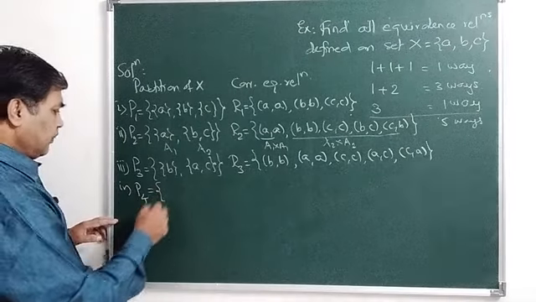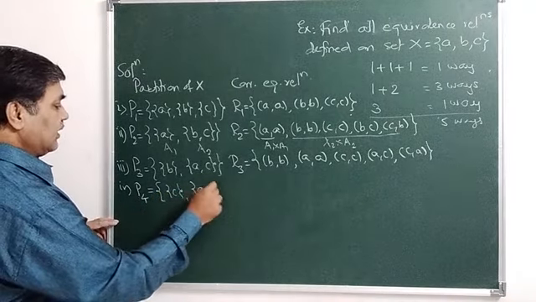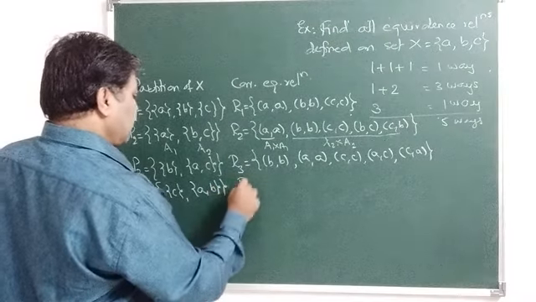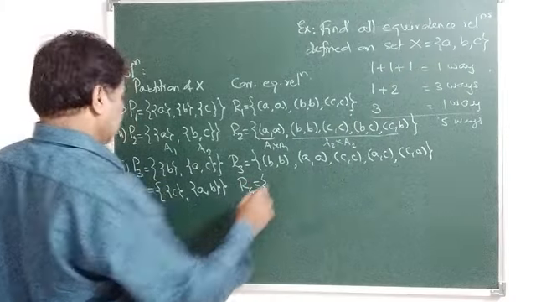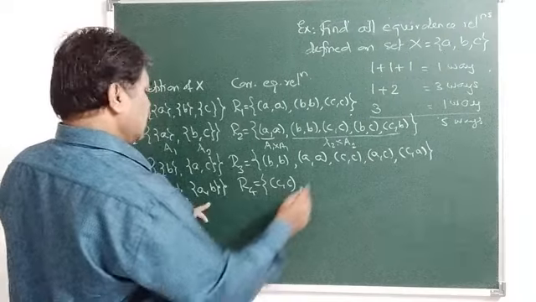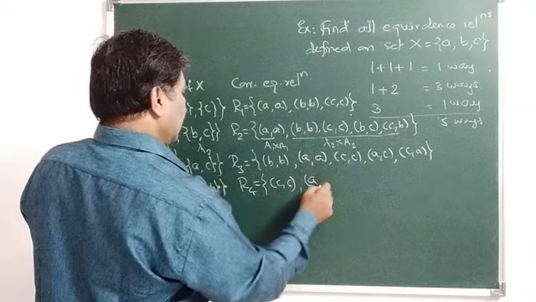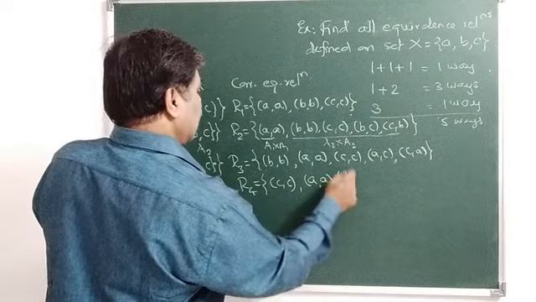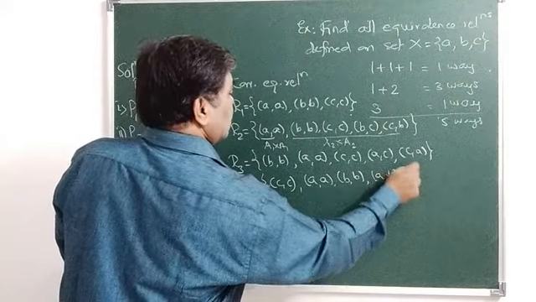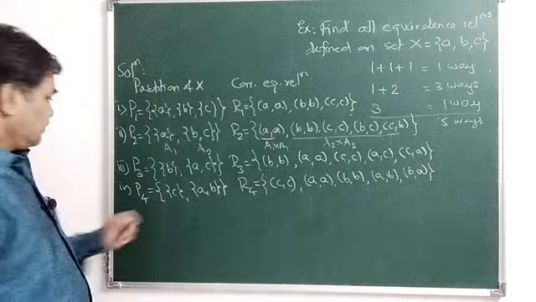We have P4, which is nothing but singleton set C and AB. So we'll get R4, the equivalence relation, which is the set containing pair CC, and corresponding to this we'll again get 4 pairs: AA, BB, then A is related to B and B is related to A.